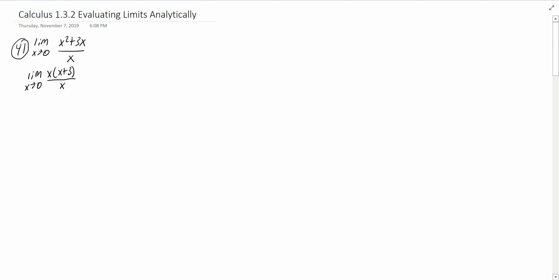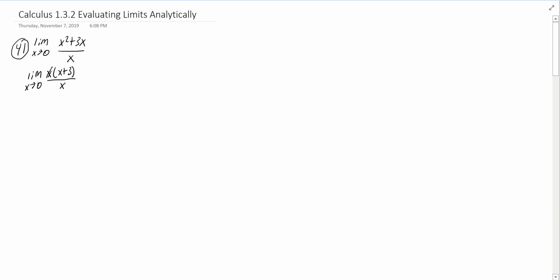Now all that we did in this case was factor the numerator. We had an x variable that was shared throughout our two terms, x squared and 3x, and so we can factor that out to get x times x plus 3. Now this is very beneficial because we have an x in the numerator now and an x that previously existed in the denominator.